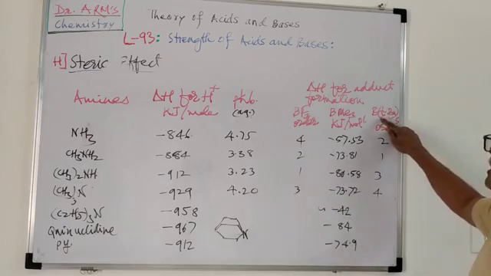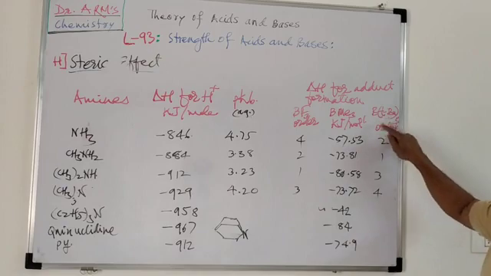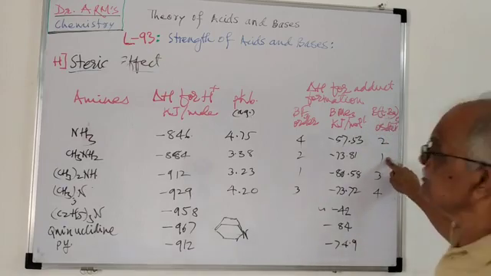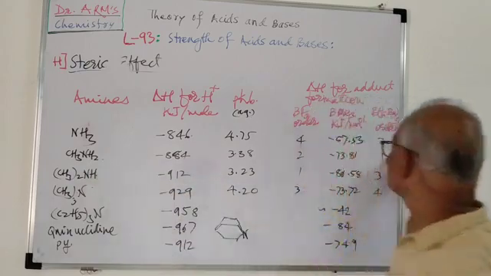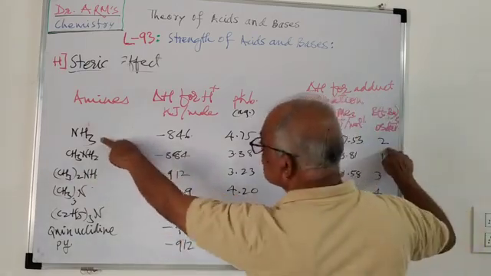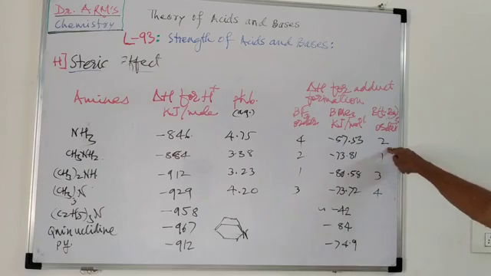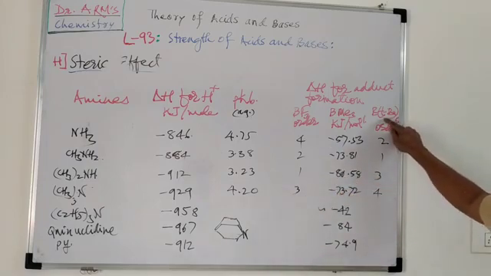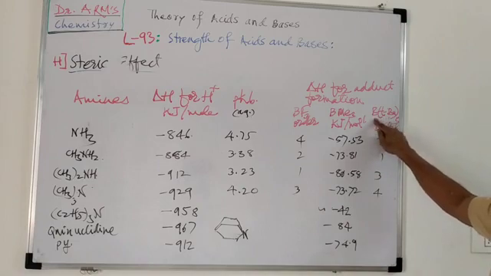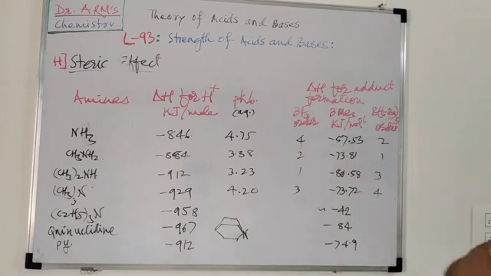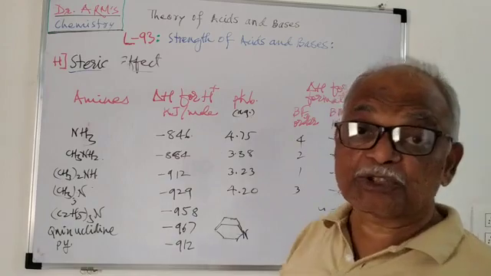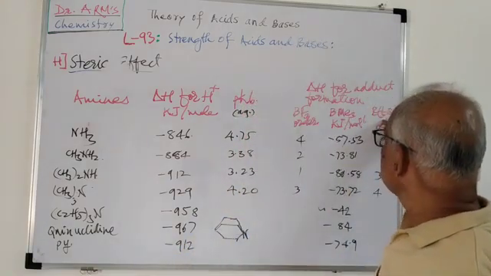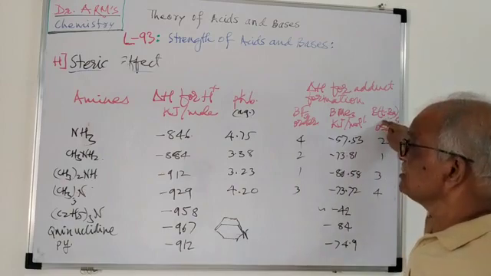And in case of this tertiary methylboron, the order is like this. So here NH2 is a stronger base, then NH3 is stronger. Here this order is not like this, because here a tertiary butyl group is attached to boron. Boron is attached to 3 such tertiary butyl groups, and that is why the steric effect is enhanced here.